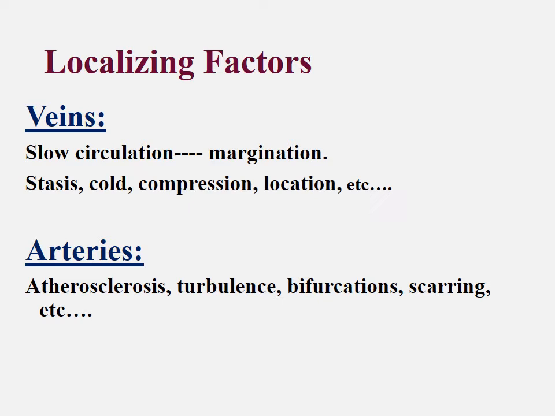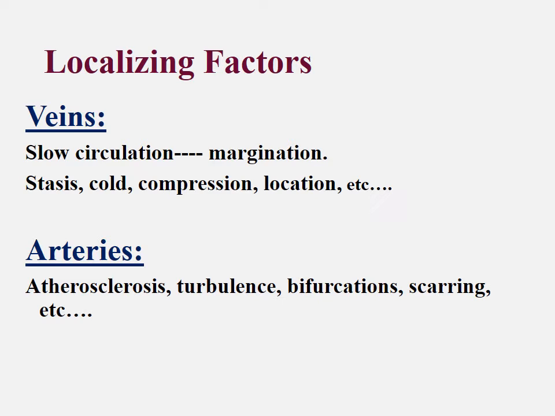Being a systemic disorder, being an affection going in the blood and in the blood vessels, the blood circulating in the blood vessels, why is it localized in some parts? We have localizing factors. Vasculitis prefers veins with slow circulation, where this gives place to margination.